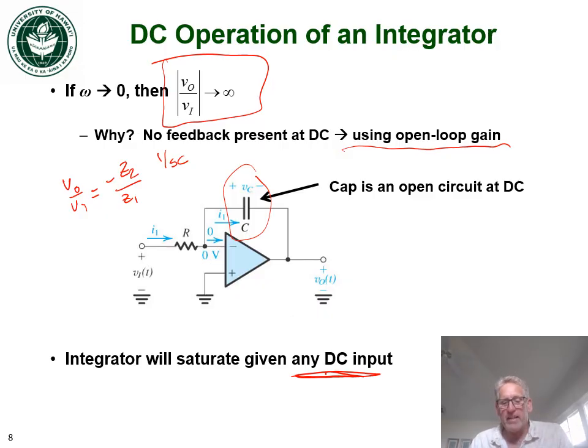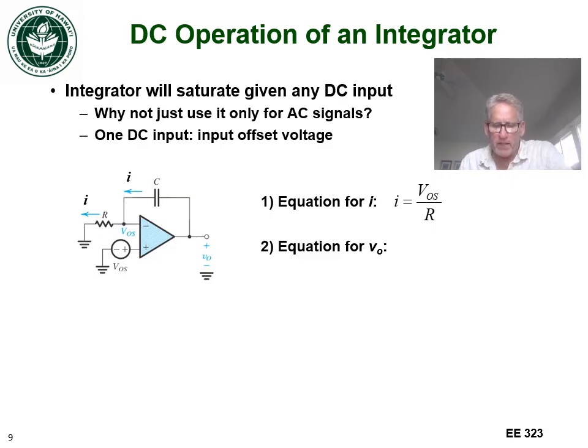This is clearly not an ideal situation for the output to saturate with a DC input. So the integrator saturates with the DC input, and so the obvious solution would be, well, let's just only use this for AC signals. We won't apply a DC input to this.